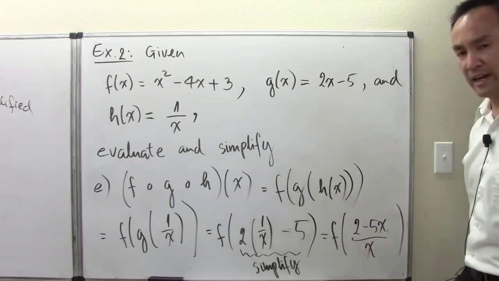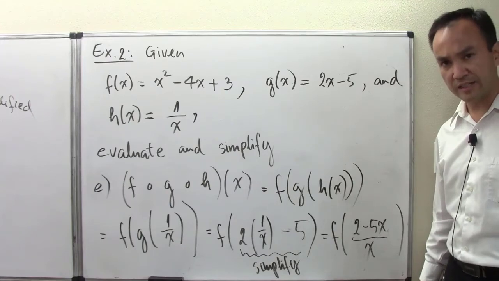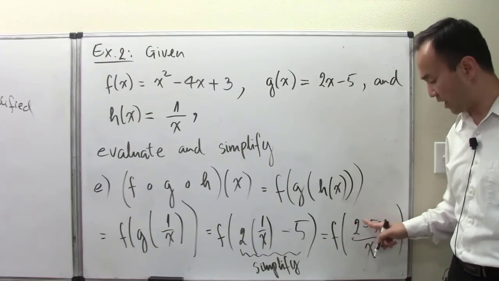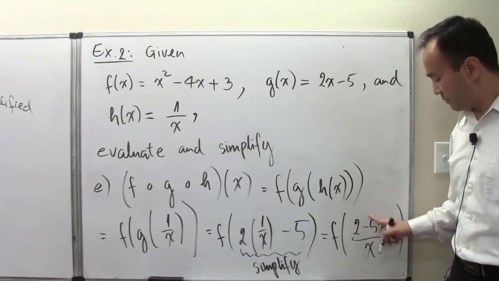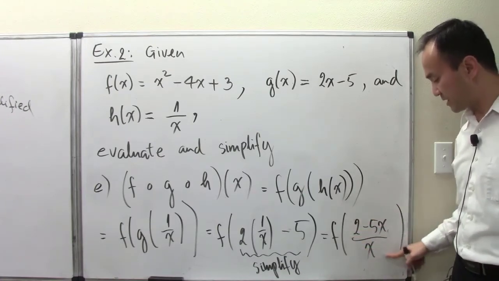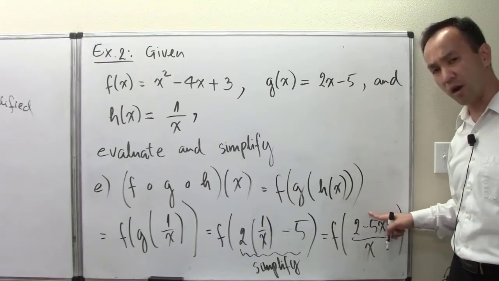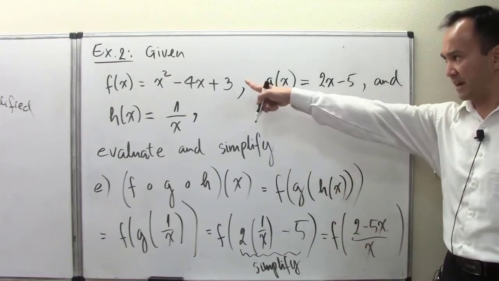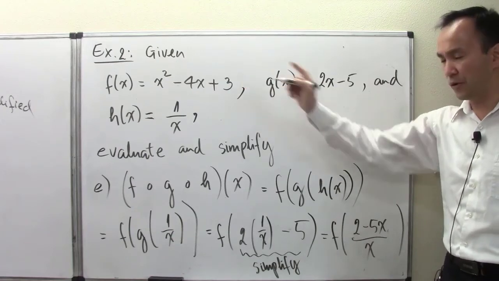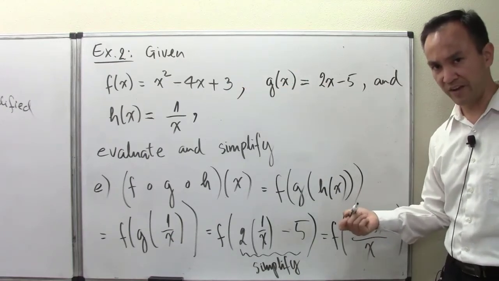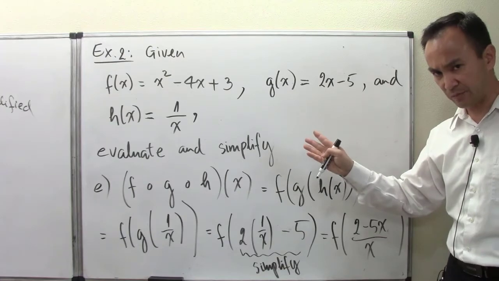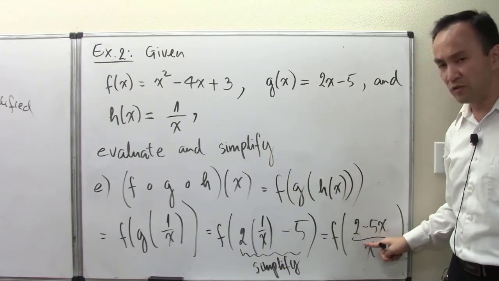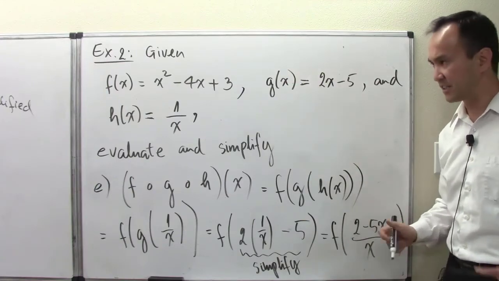At least it gives me the expression in one fraction. But now this is what's currently the input for our function f, and the rule for f is right there, x squared minus 4x plus 3: the square of every input minus 4 times the same input plus 3. Now I'm going to move on to my other board.